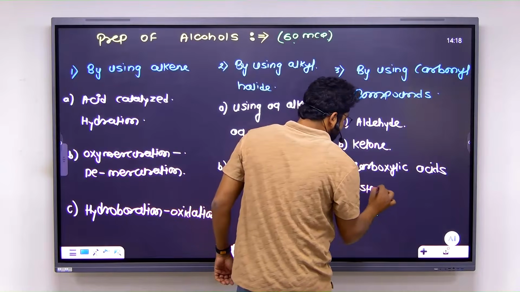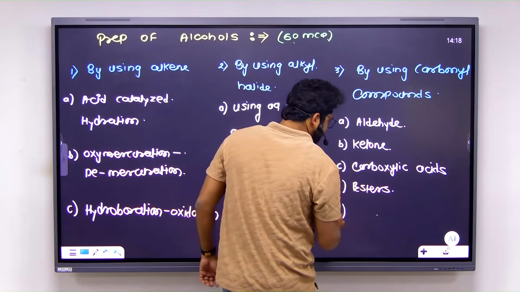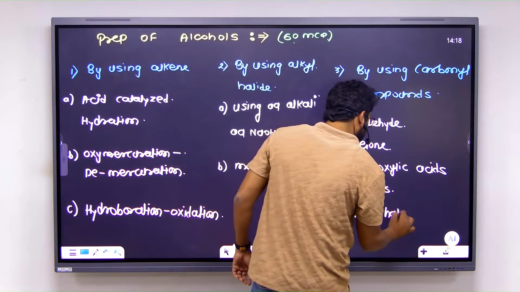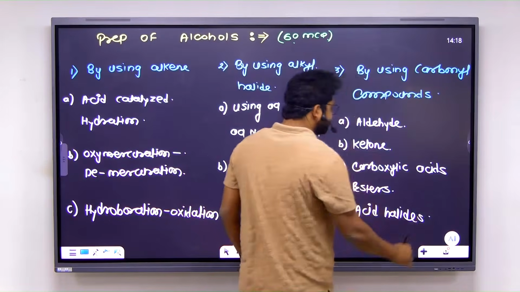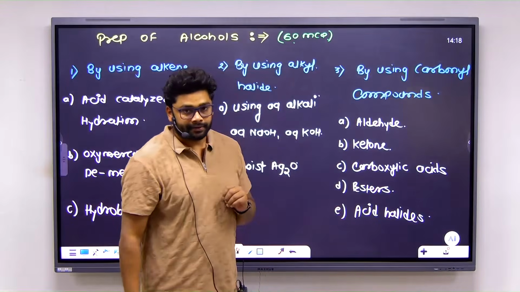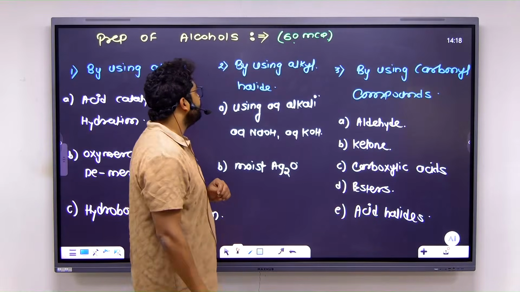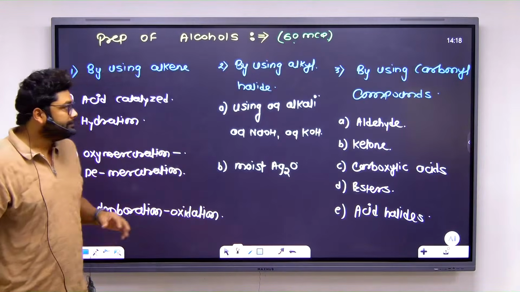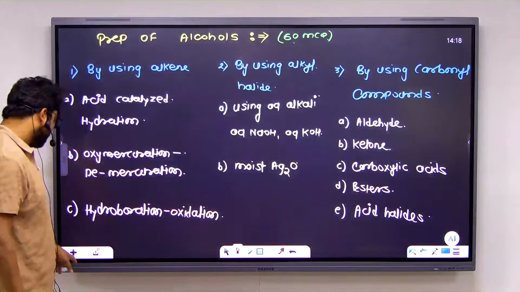Esters. Then you can see acid halides. So these are a number of derivatives which are so called carbonyl compounds, right? By using that we are going to prepare what? Alcohols. Okay, so one by one we are going to discuss all this.